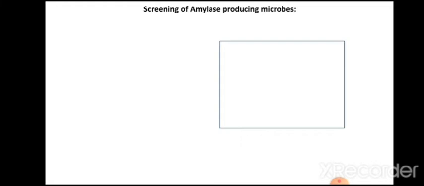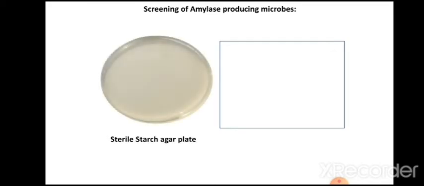So in general, we'll be looking for the amylase enzyme which is responsible for the degradation of starch and which is being produced by different microorganisms. There are several bacteria, yeasts and fungi that produce amylase enzyme. So for this practical, the requirement is a sterile starch agar plate.